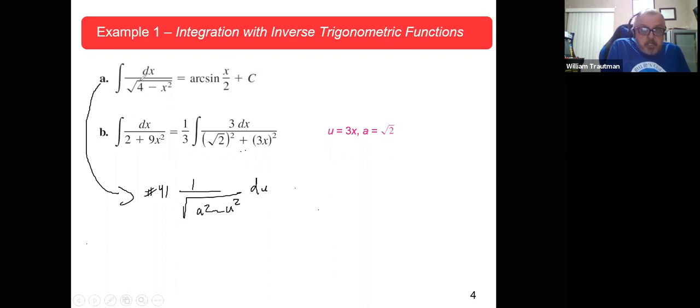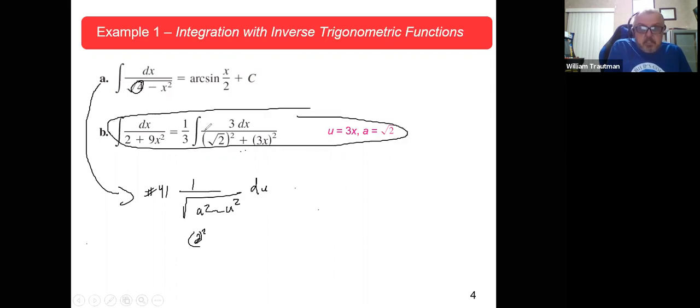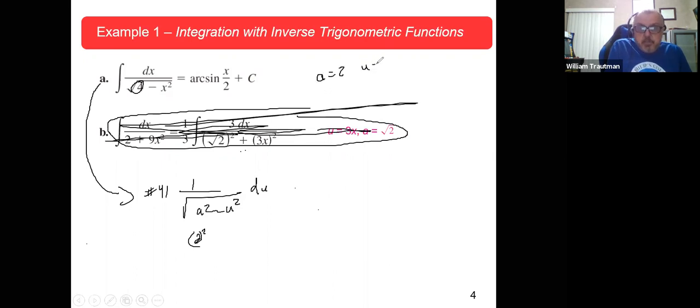So if you look here, a is 2 squared. So this is for this one. So just don't look at that one yet. So a equals 2 and u equals x. Do you see 2 squared minus x squared? That's the bottom. So all you need to know is a equals 2 and u equals x.